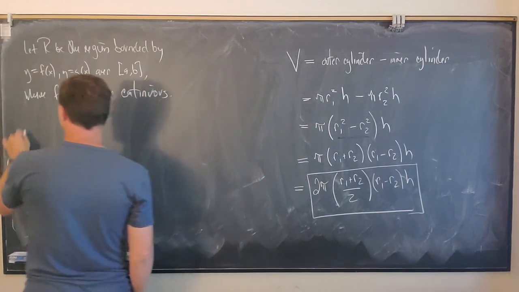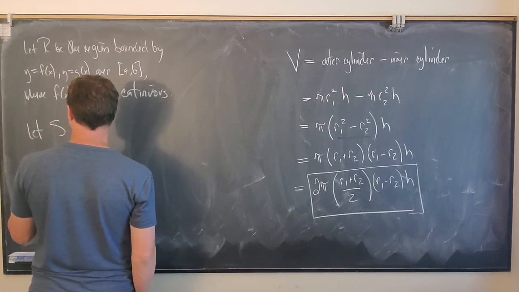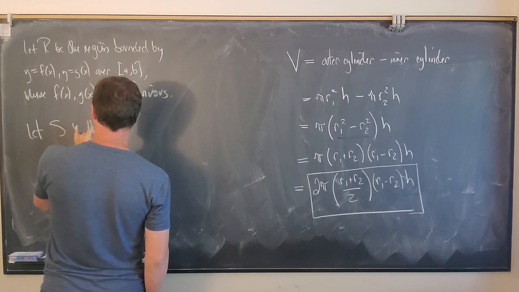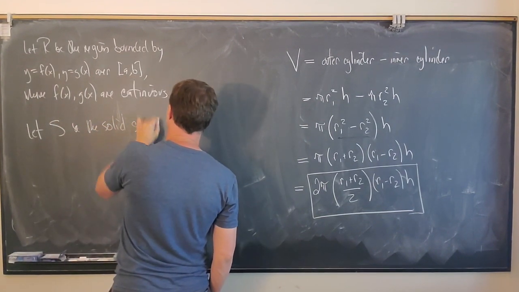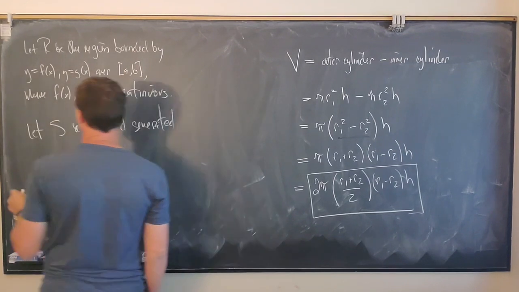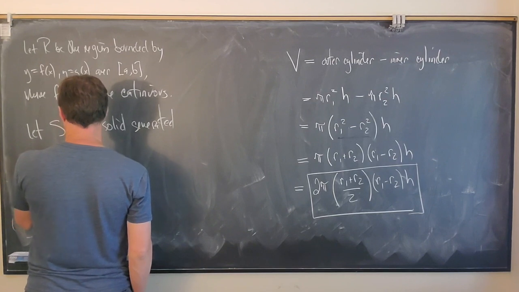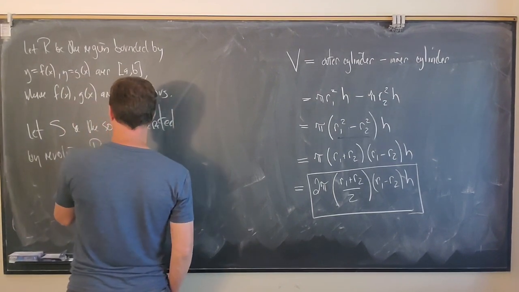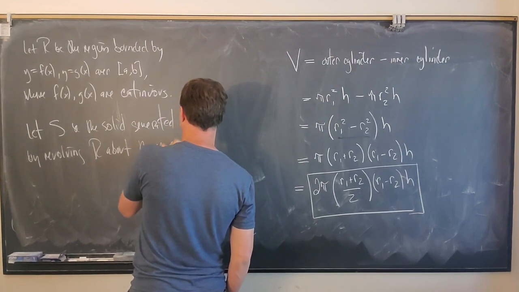And then let's let S, I'll draw the picture in just a minute, be the solid generated by revolving R about the y-axis.